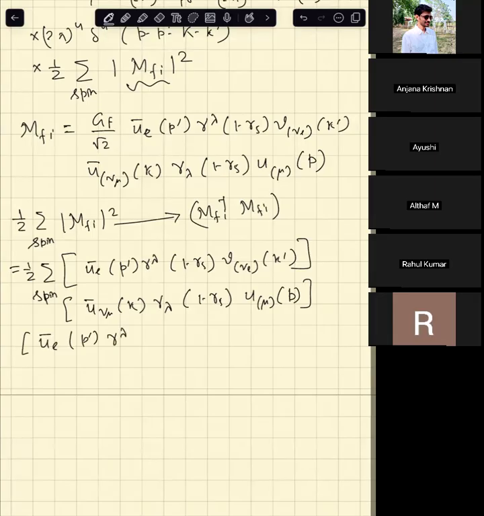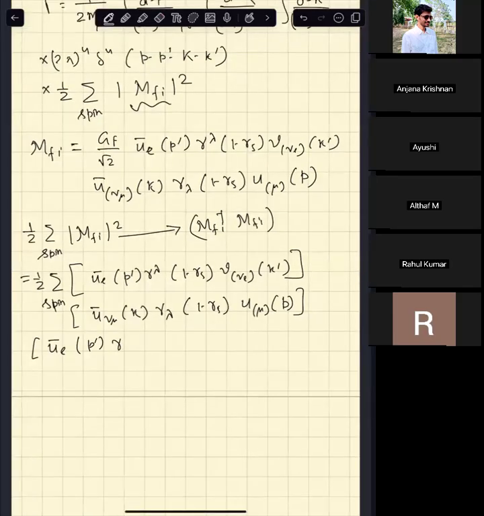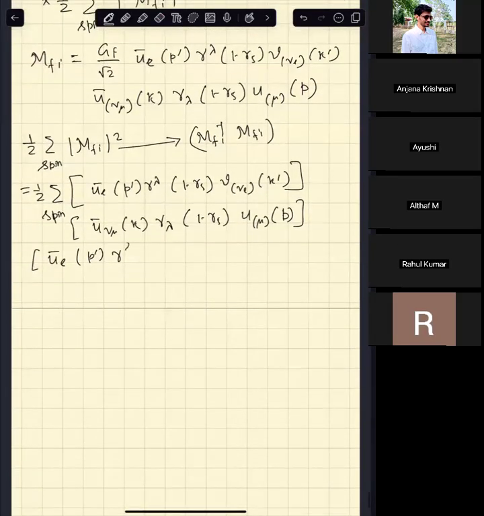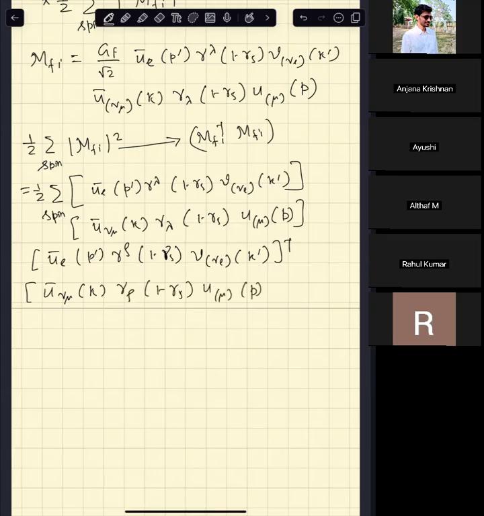Okay, we can change the index now because different gammas are contracted, so let's write it as γ^ρ, and then we have a (1 − γ^5), and then we have v_νe(K′) dagger, and similarly we have ū_νμ(K) γ^ρ (1 − γ^5) u_μ(P) dagger.